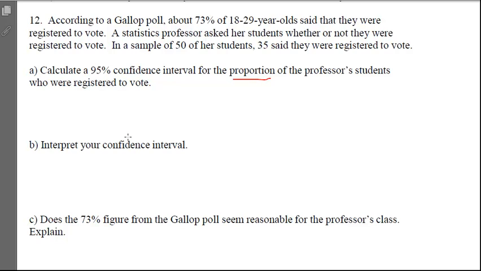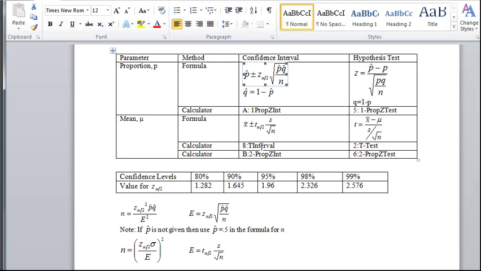The first thing we need to do is calculate p hat. And so 35 of the 50 students said that they were registered to vote. So that's equal to 0.7. Now I just want to use that formula on the formula sheet. This formula right here. All I need is z, my value for z, but for 95% is 1.96.